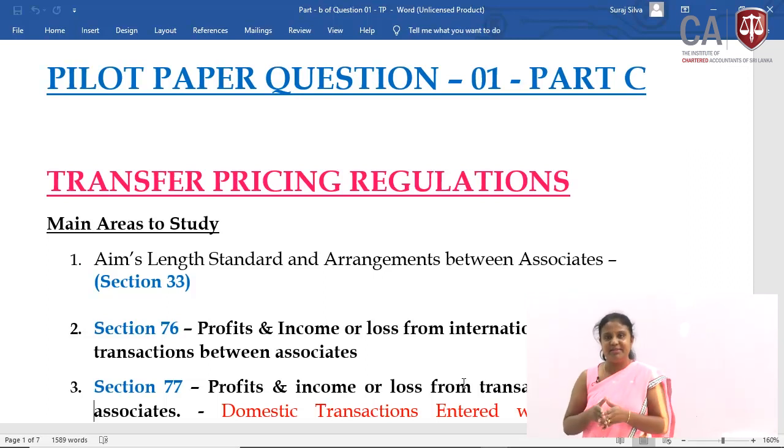If there is a transfer pricing question, what are the main theoretical areas you should know?